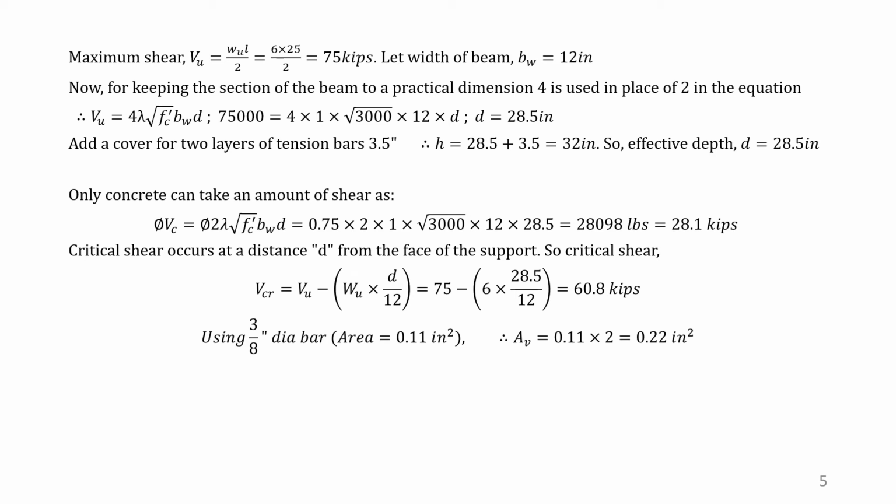And f prime c is there, bw is the width of the beam, d is d, and we have put in these numerical values, and at the end of the calculation we have found that 28.1 kip load can be taken care of by the concrete section without any reinforcement, and the remaining forces are to be taken care of by stirrups.